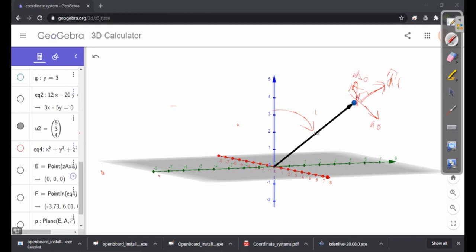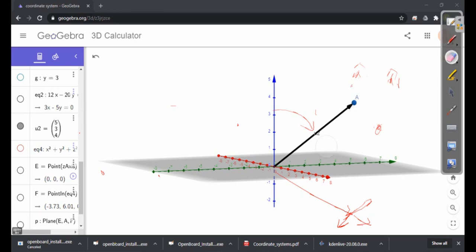So if r is like this, AR cap is downwards, a theta cap is in this direction, and a phi cap is tangential to the circle. So these three are the directions of a rho, AR, a phi, and a theta. This is the basic thing we have seen here. So how to do this conversion?